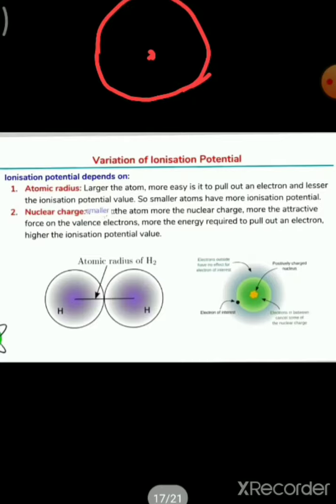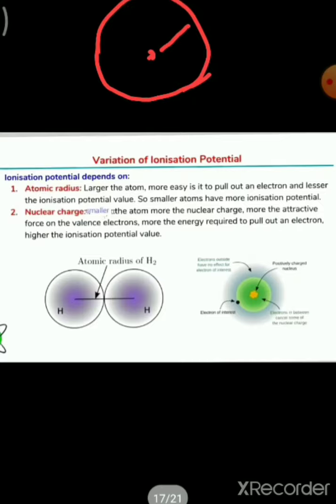Okay, so if the atom is large, obviously the distance from your nucleus to the outermost orbit will also be more. If that is more, then your atomic radius is large. And if the atomic radius is large, the outermost valence electron is very far from the nucleus, and it will be easy to remove the valence electron.